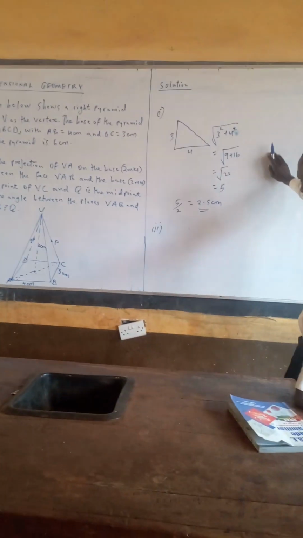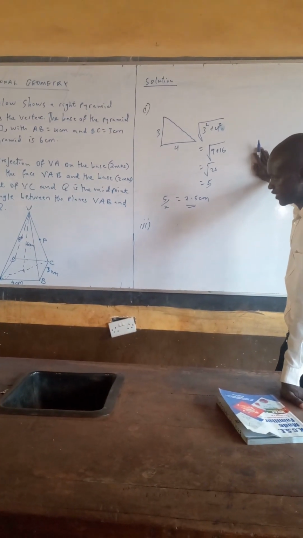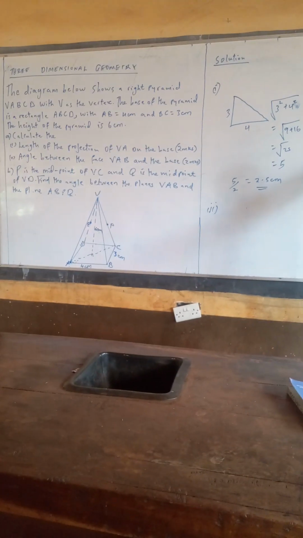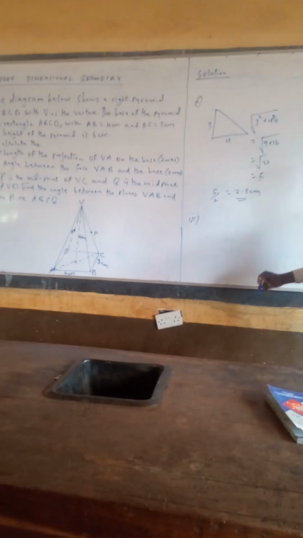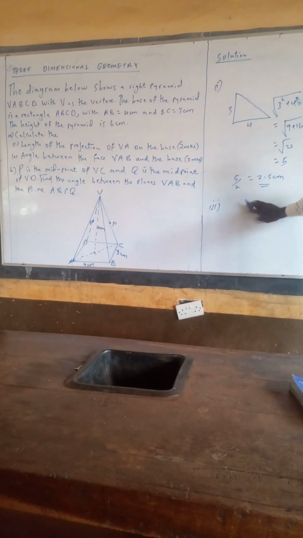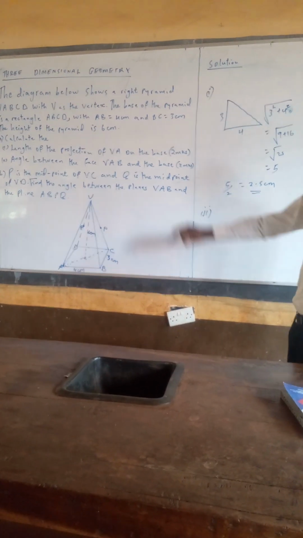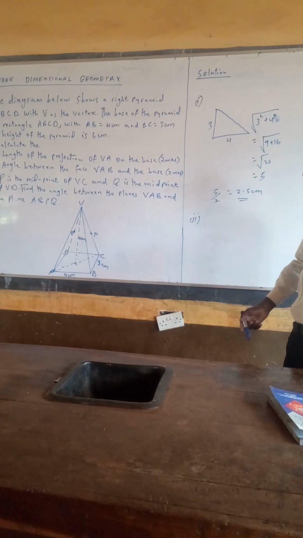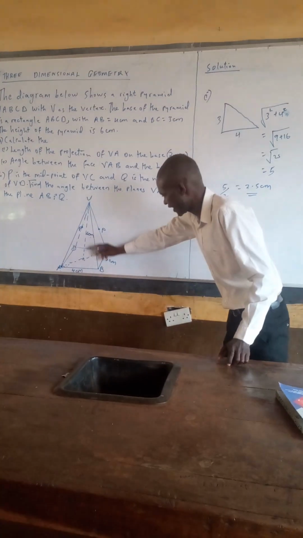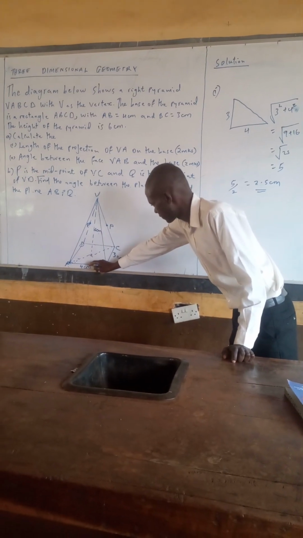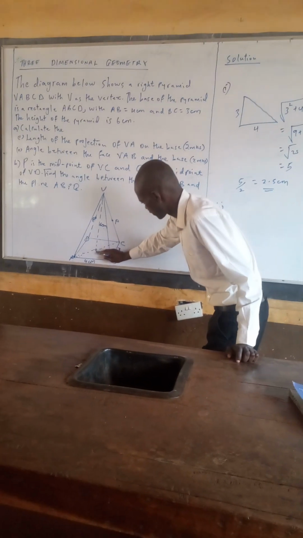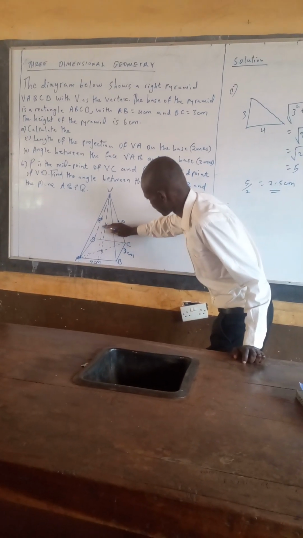And we know that to get the angle between two planes, we will say that the angle between the two planes is the angle between two lines, one on either plane, and each should be perpendicular to the line of intersection. So for this case, we shall pick the height, then we come this way, up to this point, then we shall move upwards like that.